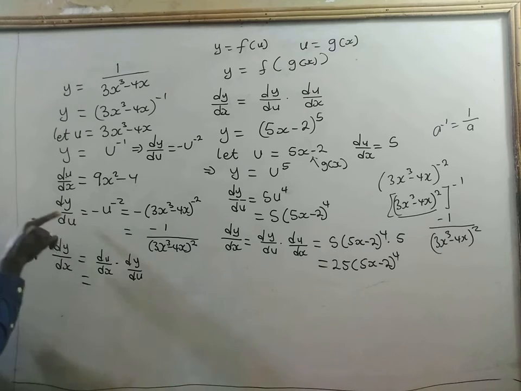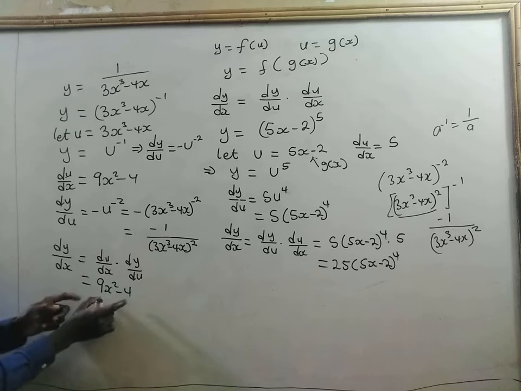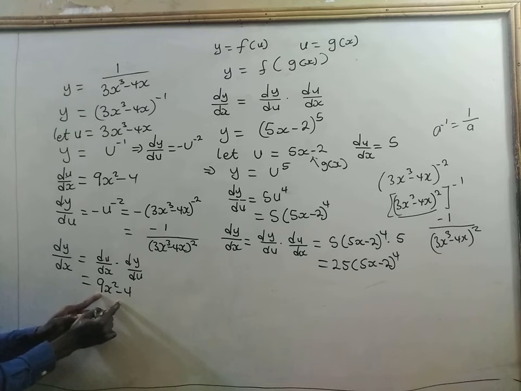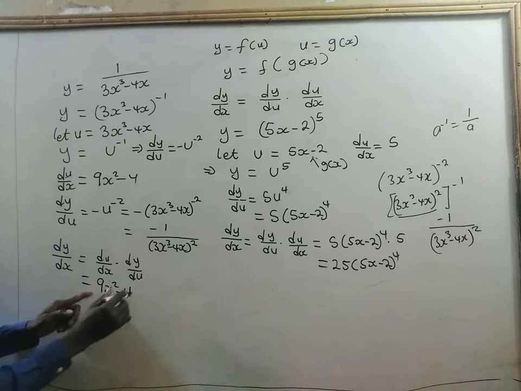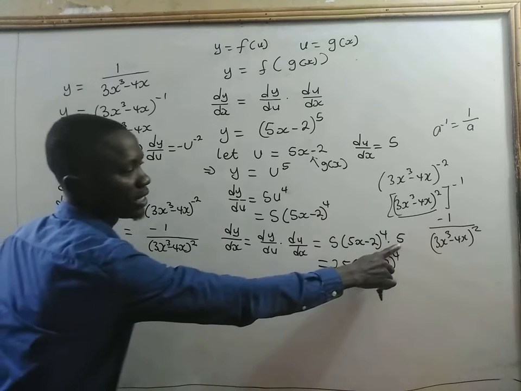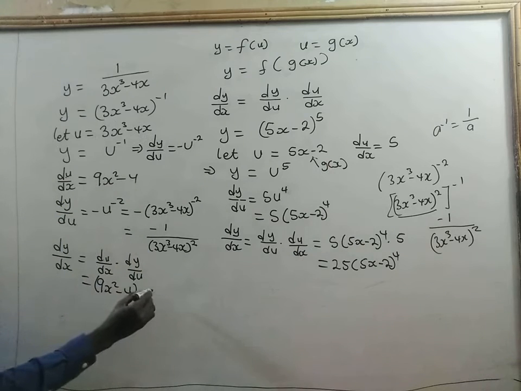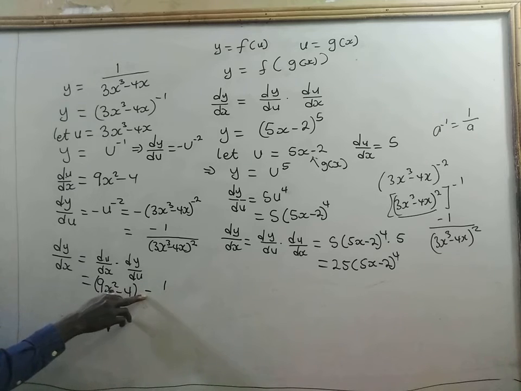Now we have the derivative of u with respect to x as 9x squared minus 4, times, remember to put this in brackets because we have two terms. Here I didn't put this in brackets, it is only one term, times negative 1. If you don't put this one also in brackets, it will look like you are subtracting.